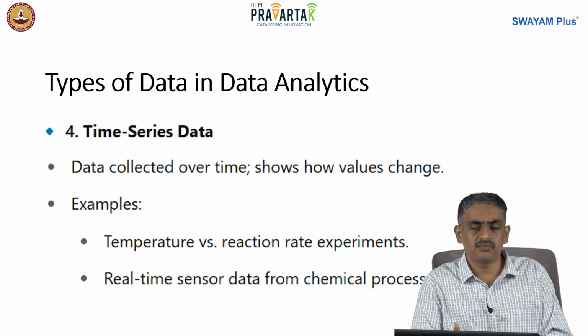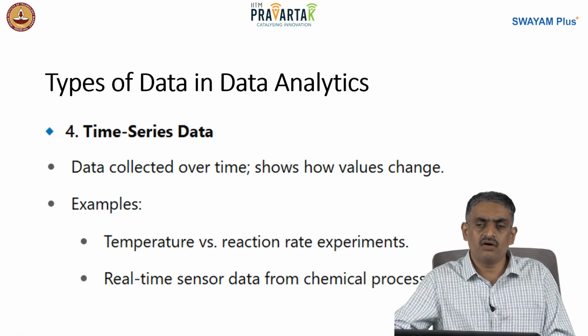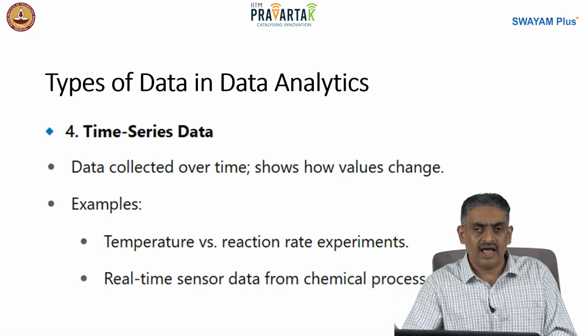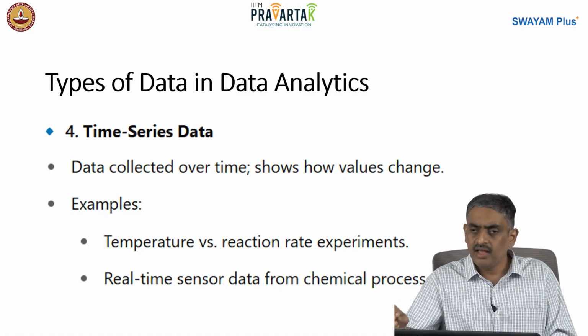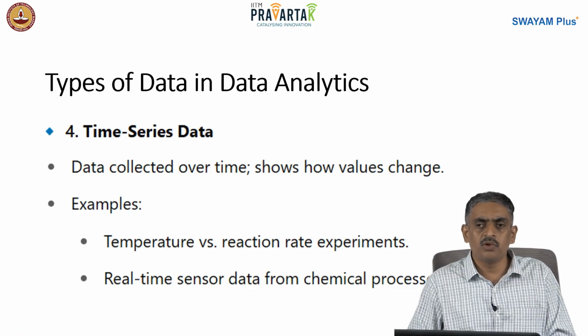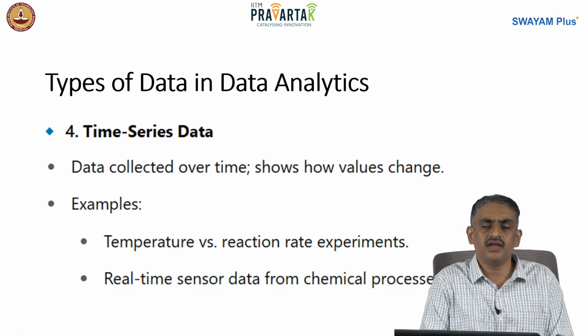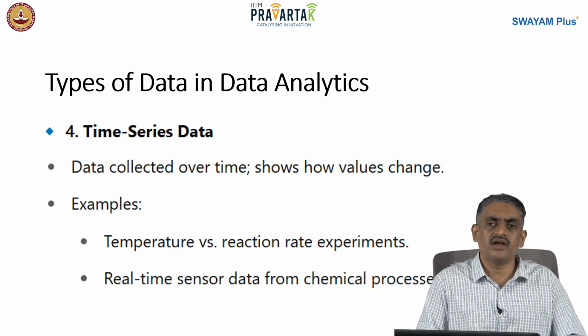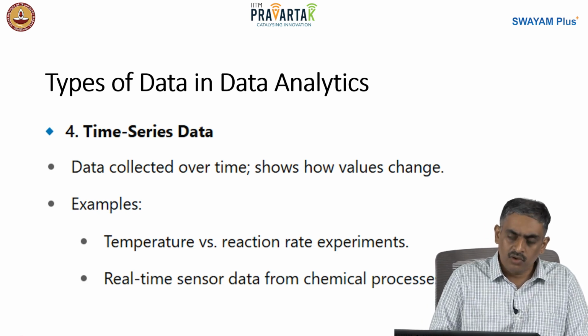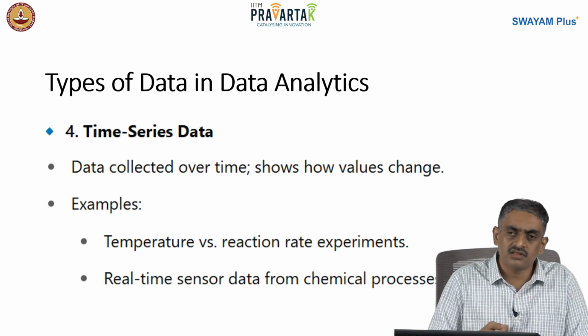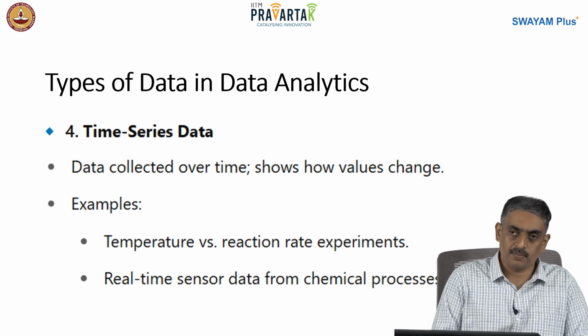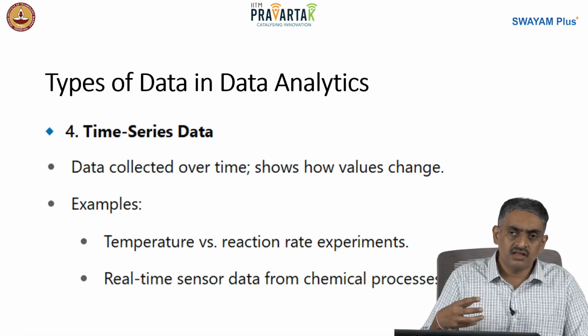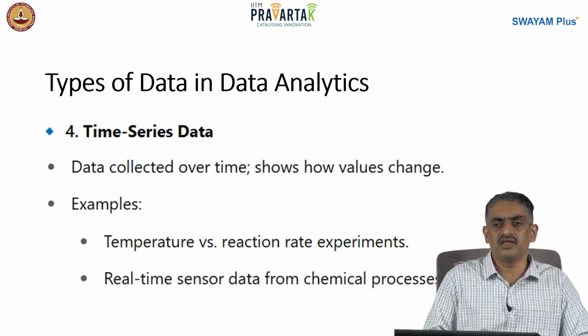Let's say you have some chemical, you put it in a beaker or in a small glass or in a small plate, and then you leave it. Over time, you want to see how the color changes. Or maybe you are conducting an experiment and you want to know how the reaction rate changes as you increase the temperature. Or the sensor data that comes from various chemical processes.